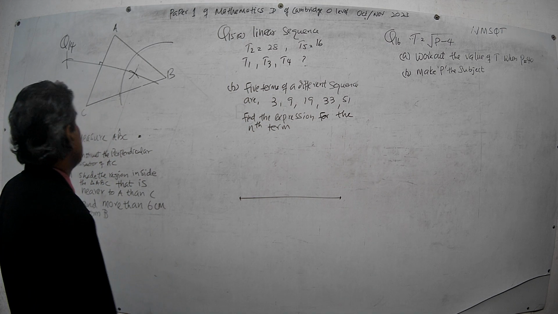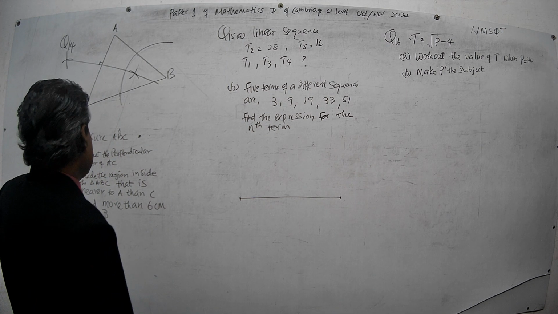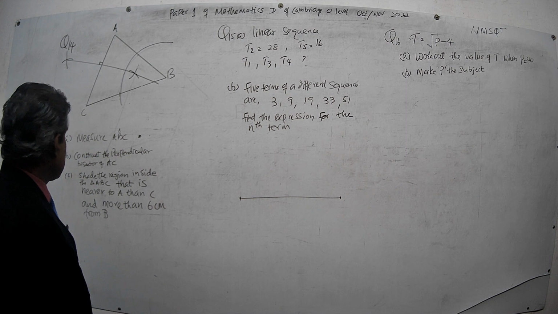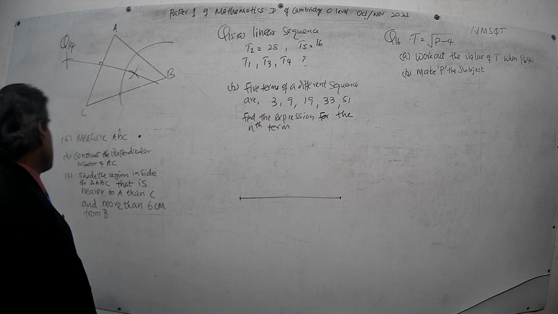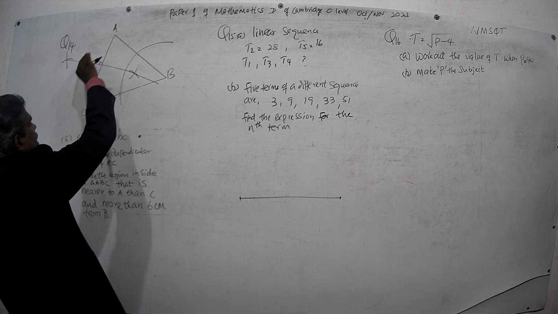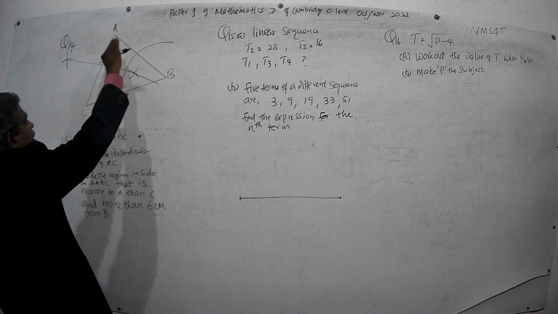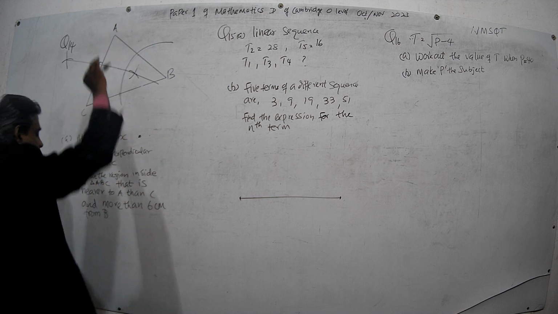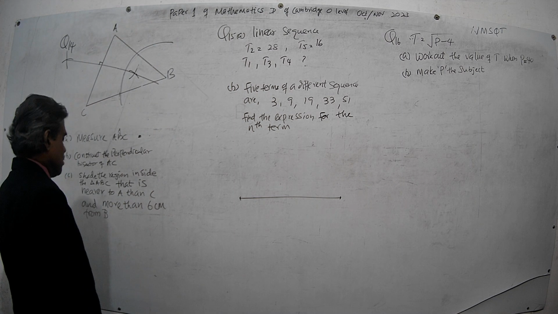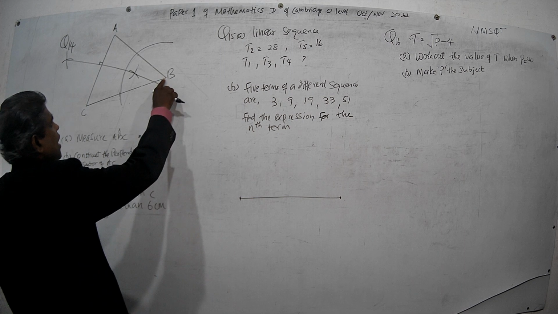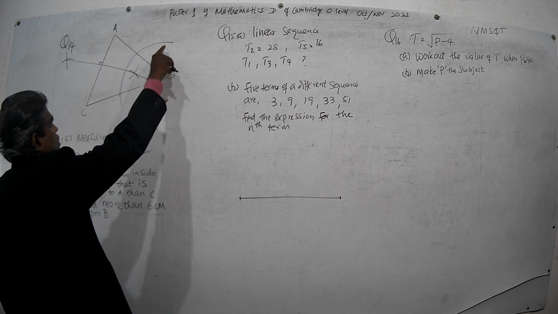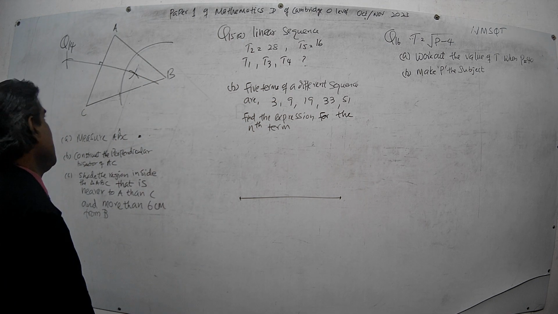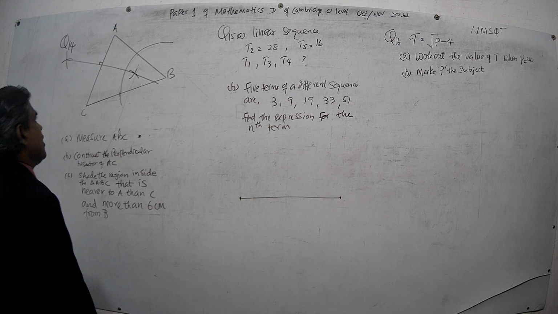Okay. Then we are asked to shade the region nearer to A than C and more than 6 centimeters from B. I told you earlier that any point nearer to A than C lies above this perpendicular bisector, somewhere here. Now there's another constraint, that the point must be more than 6 centimeters from B. This is the locus of points moving at a fixed distance from the fixed point B, through the triangle.